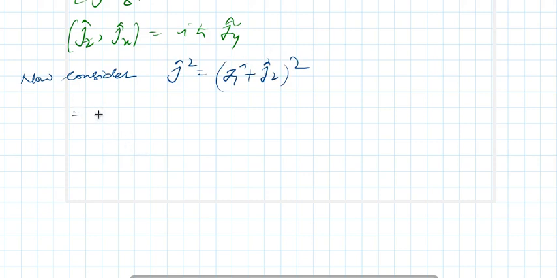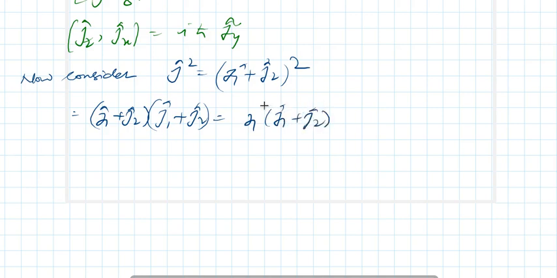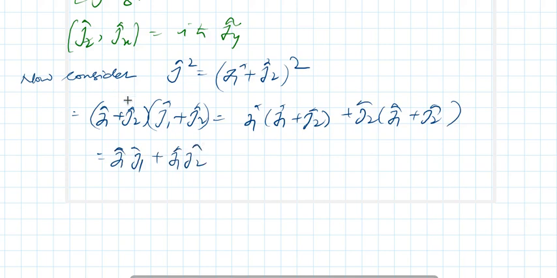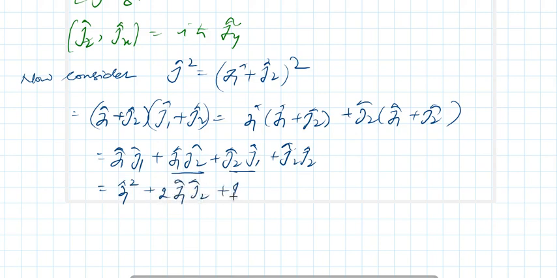It can be written as (J1 plus J2)(J1 plus J2), and multiplying these, it is a simple algebra: J1 J1 plus J1 J2 plus J2 J1 plus J2 J2, which can be written as J1 square plus 2 J1 J2 plus J2 square, since both cross terms are equal.